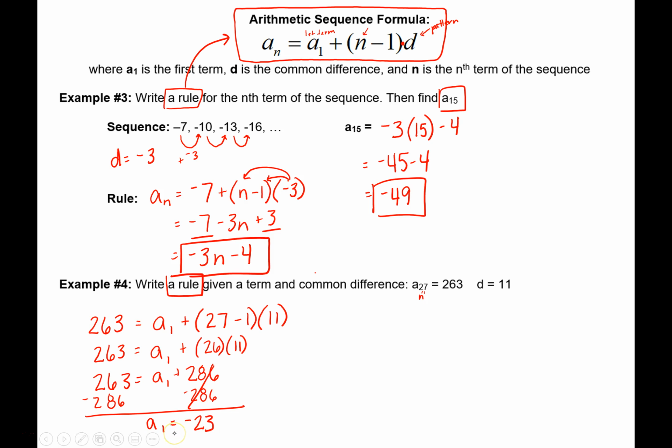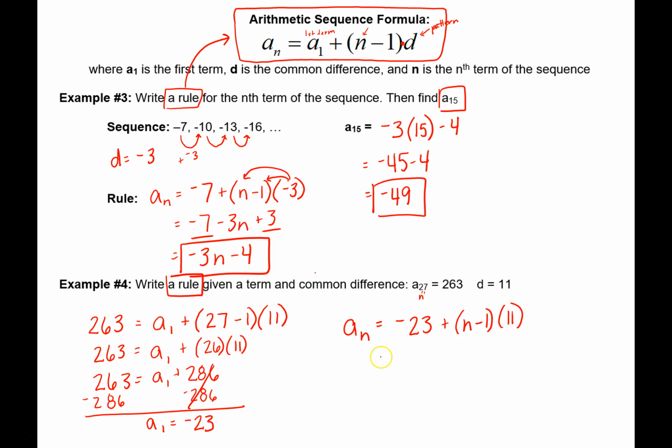So remember, my directions were not find the first term in the list. My directions were find the rule. And in order to find the rule, that means I need to plug into the formula and I have to know a sub 1. So now let's go back to our formula and set up a rule for anything that follows this pattern. We know a sub 1 is negative 23, and we know the pattern is 11.